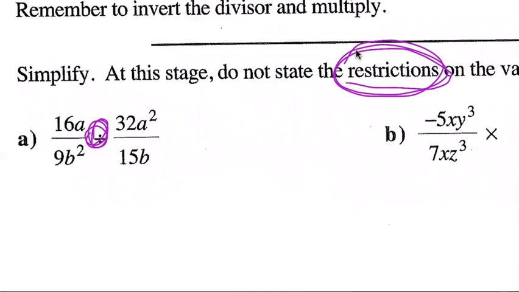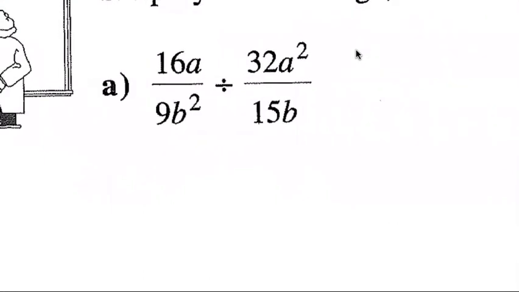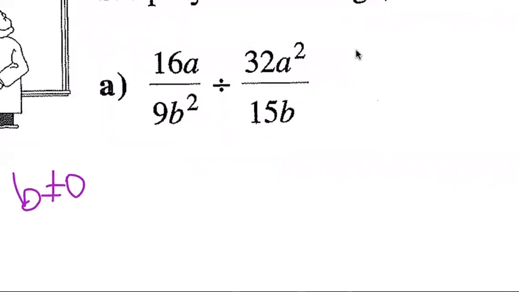Whenever a variable ends up in the denominator of a fraction, it's going to lead to a non-permissible value. So right now, here, this is a constant times b squared. So that means b cannot equal 0. This is a constant times b, which is also b cannot equal 0. So as it stands right now, b cannot equal 0 is our non-permissible value.